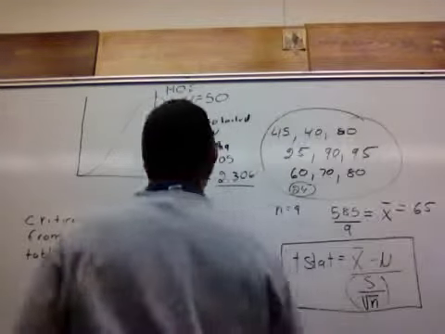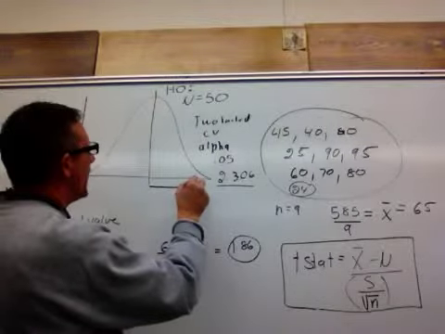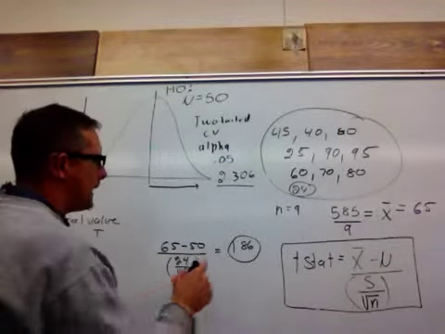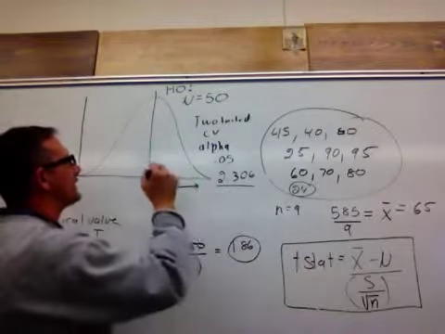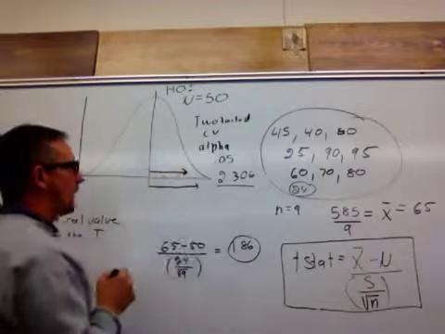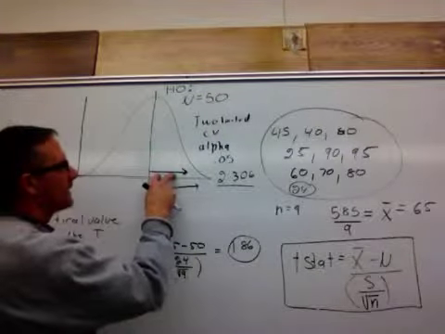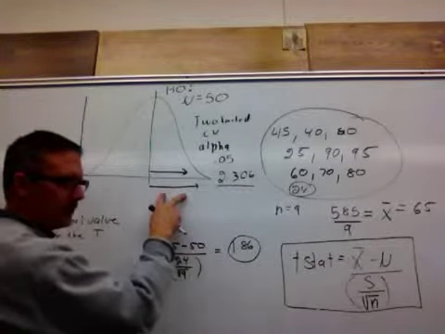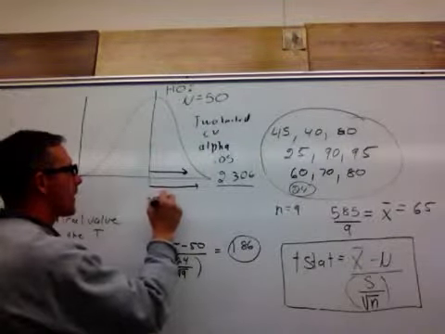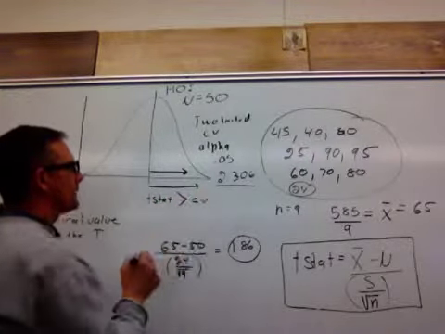Now, 2.306 extends this way from the mean a certain distance. My test statistic, 1.86, extends this way from the mean a certain value. But the 1.86 does not go as far over as the 2.306. Therefore, it's not true that the test stat is greater than the critical value.